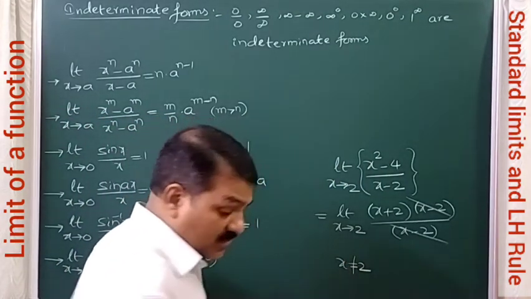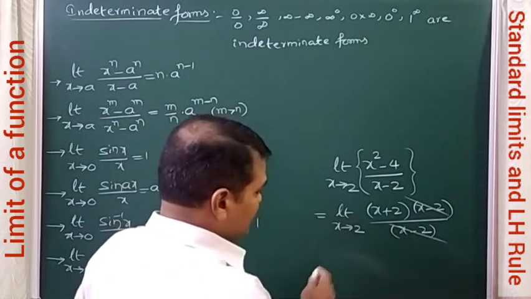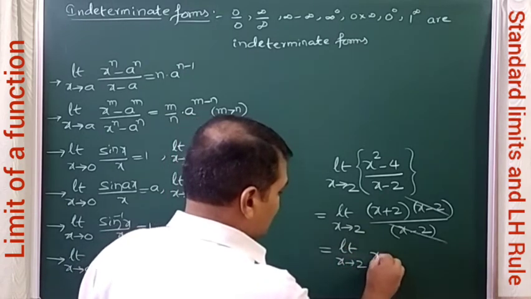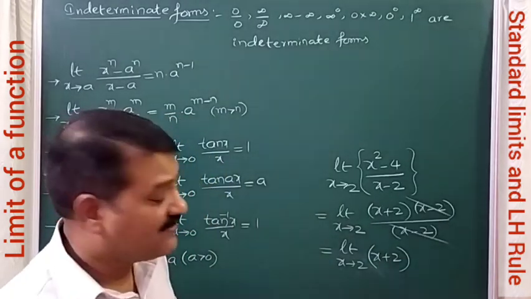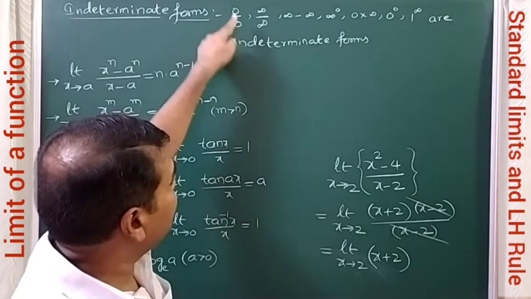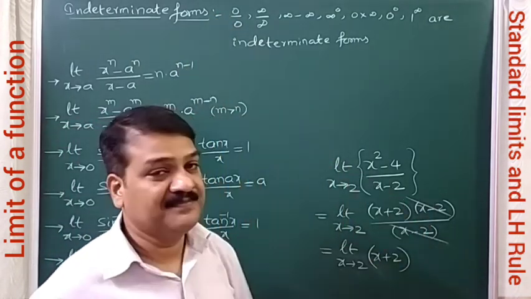So what is left now? We are left with limit x tends to 2 of x plus 2. Now you can substitute the limit directly. The factor which was responsible for the indeterminate 0 by 0 form we have eliminated.